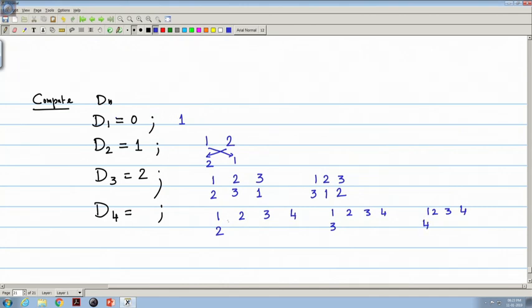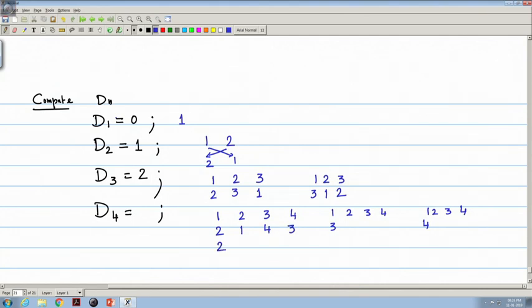Now, if it is 2, then with 1 3 4 I have to keep. So, 1 can come here, then 4 must come here and 3.